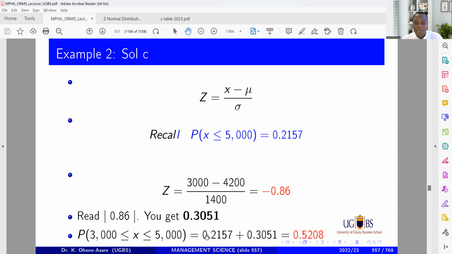The one you had before was 0.2157. You add the two together. You don't subtract them from anything, because when you look at the graph carefully, the graph requires that you add them, and that will give you 52.1% on average. So the probability that carpet is going to be between 3,000 and 5,000 is 52%.